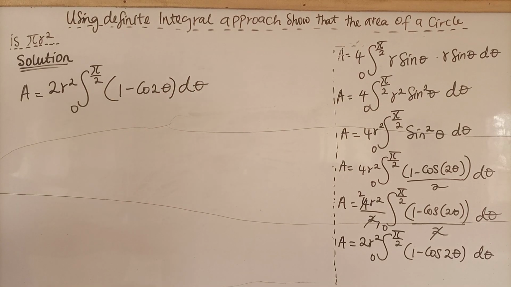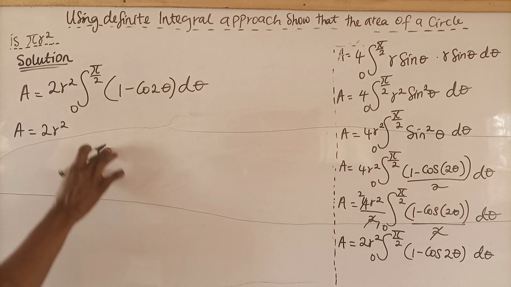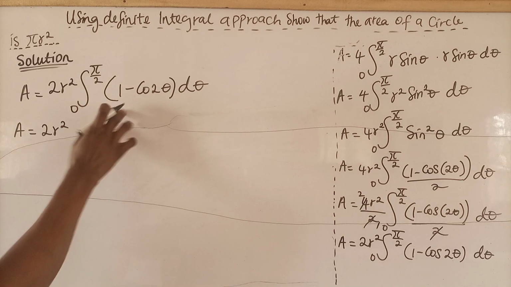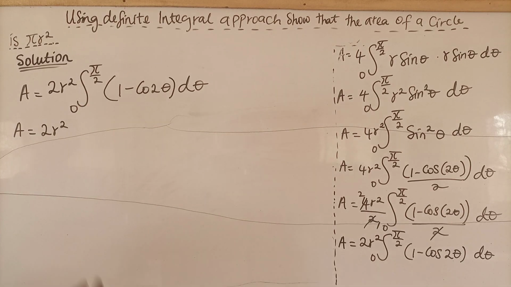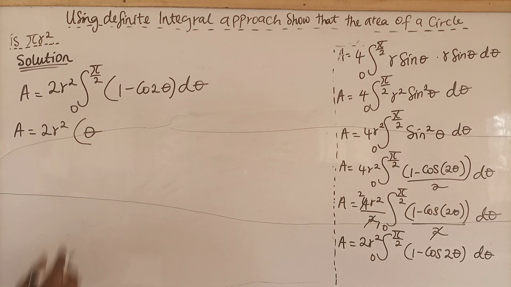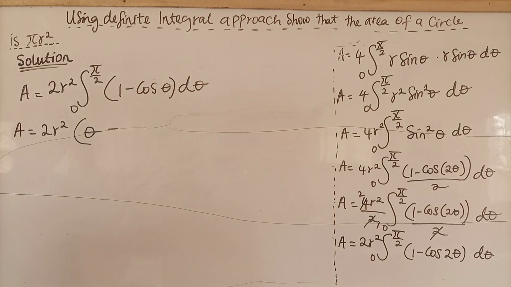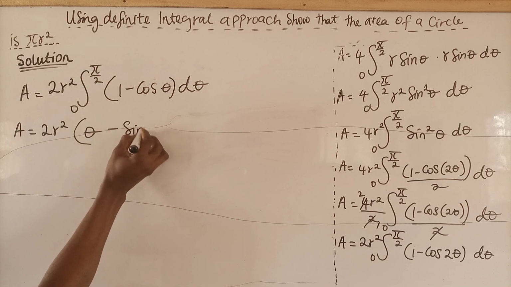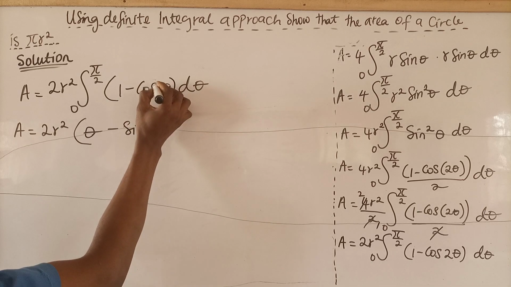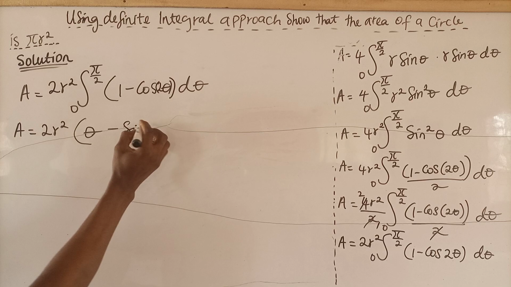So let's integrate directly. Our area is equal to 2r squared. Then the integral of 1 with respect to theta is equal to theta. So minus the integral of cos 2 theta is equal to what?